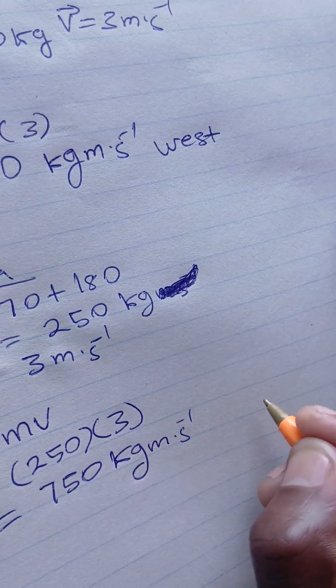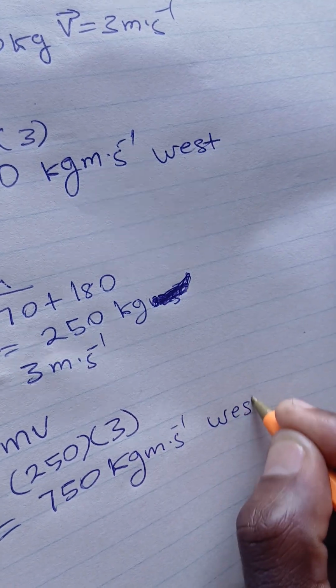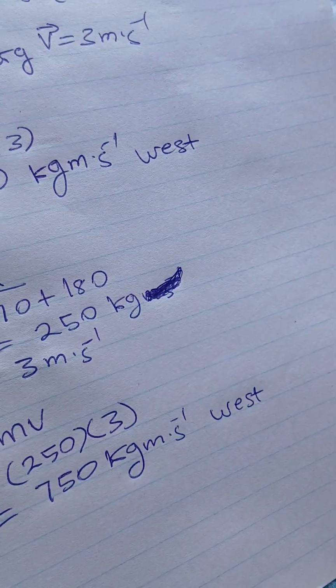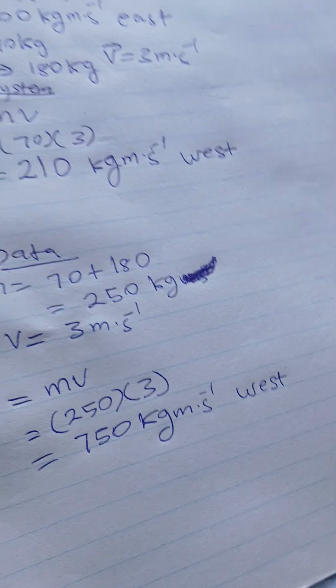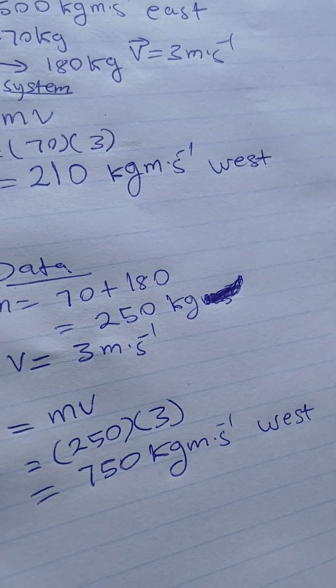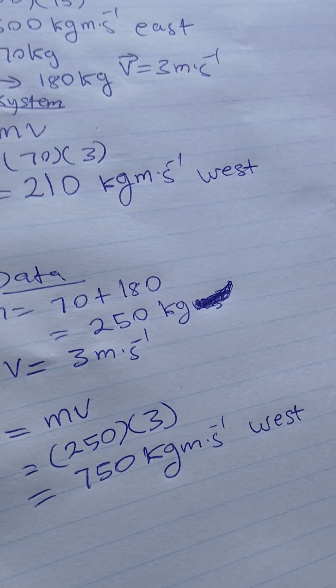Where is it going? It is going west because the velocity is to the west. So remember, the direction of velocity is the same as the direction of your momentum.